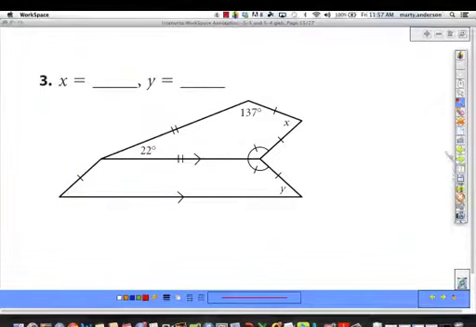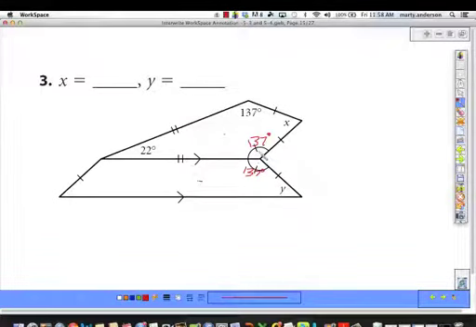Moving on, looks here like we have an isosceles trapezoid on the bottom. We have a kite on the top. We said that the non-vertex angles of a kite are going to be congruent. So if that's 137, this is 137. If this single tick is 137, this single tick is 137.